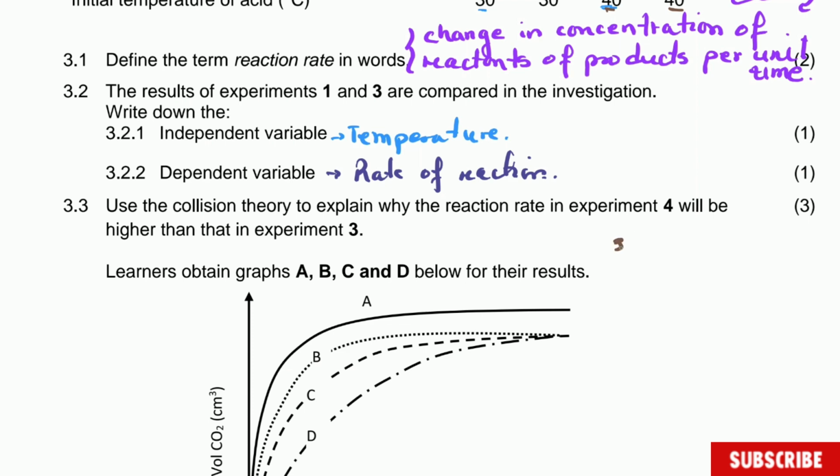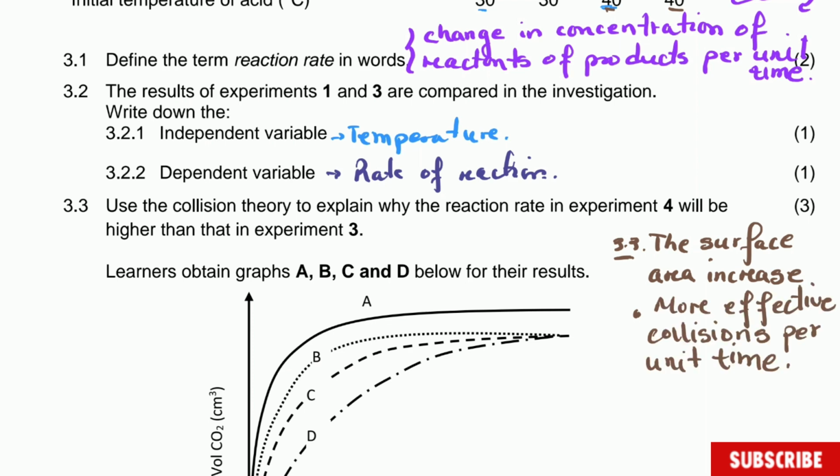The first point you'll have to say is that the surface area increases as you increase the amount of impure calcium carbonate. This will increase the number of effective collisions per unit time, and therefore there will be an increase in reaction rate. Therefore, the reaction rate increases. And guys, this is question 3.3.